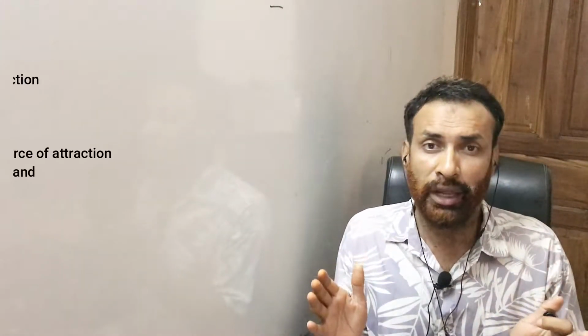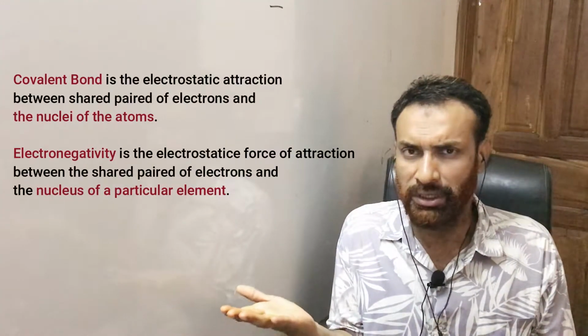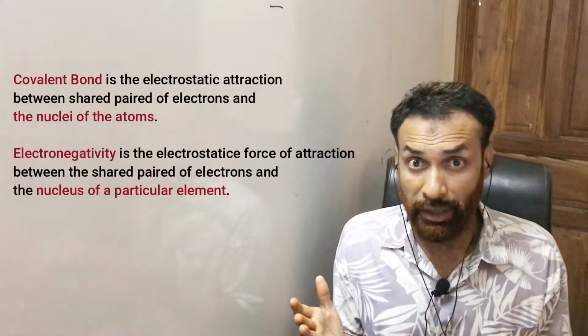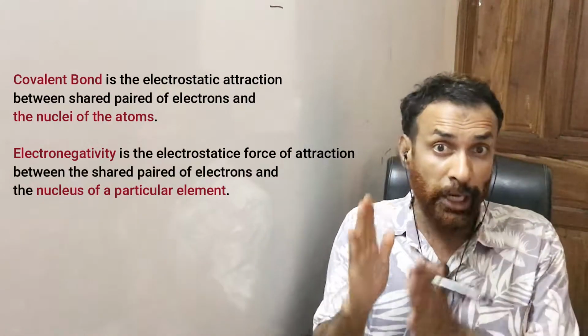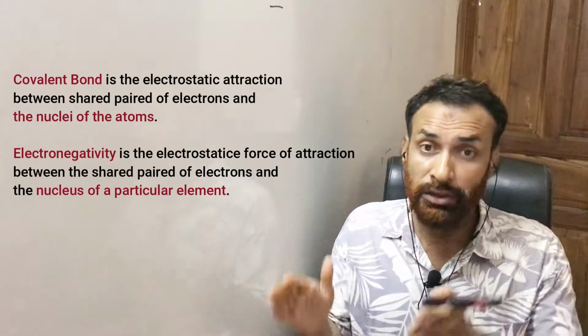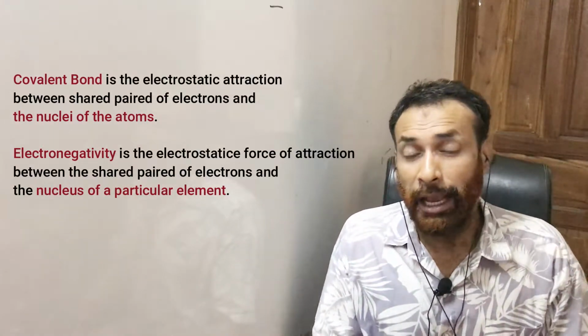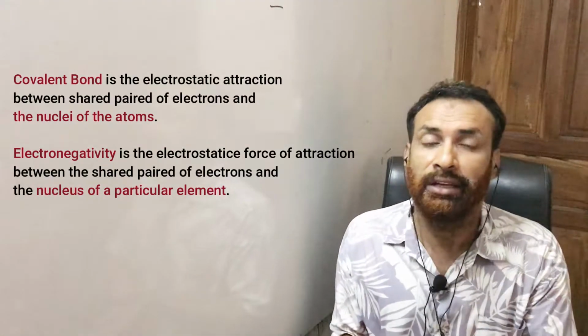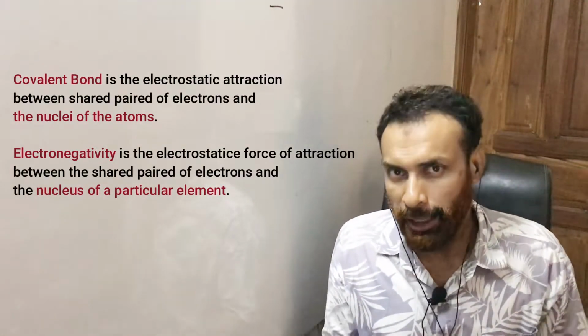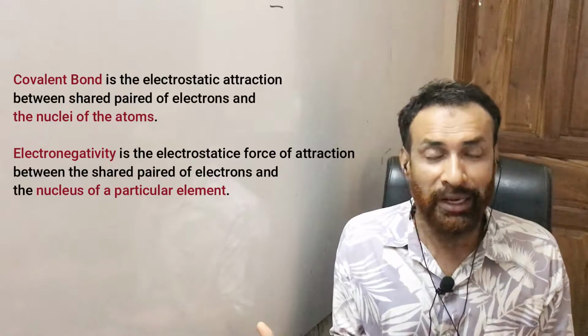A covalent bond is a general definition, which is the electrostatic attraction between the shared pair of electrons and nuclei of the atom. When you call this generally, this is covalent bond, and when you call this specifically, then this is electronegativity. What does it mean?